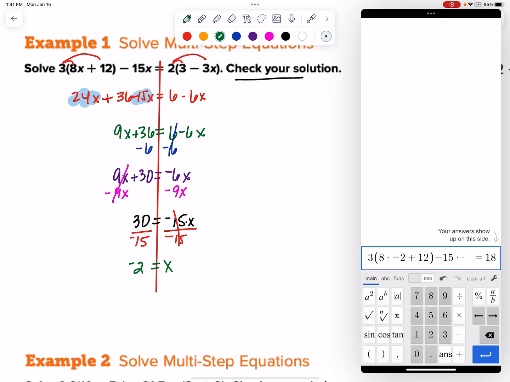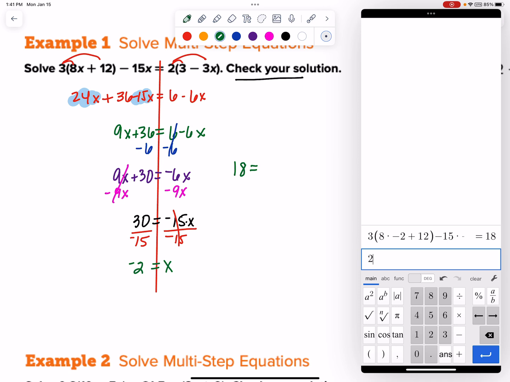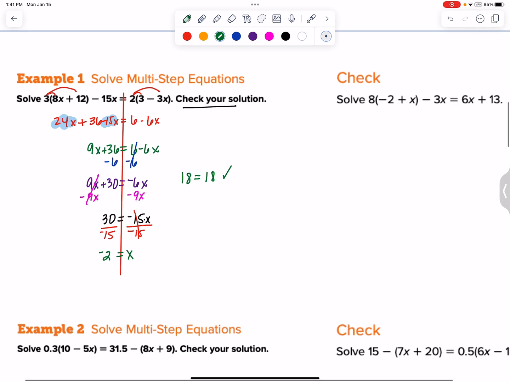So we have 18 on one side equals, and then I'll just hit enter. 2 times the quantity of 3 minus 3 times negative 2, close parentheses, and we have 18. So good, and we check out, and that's all you need for that.